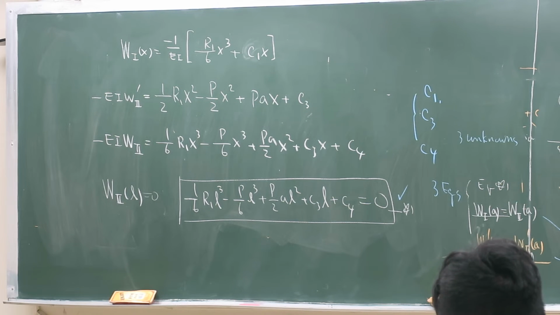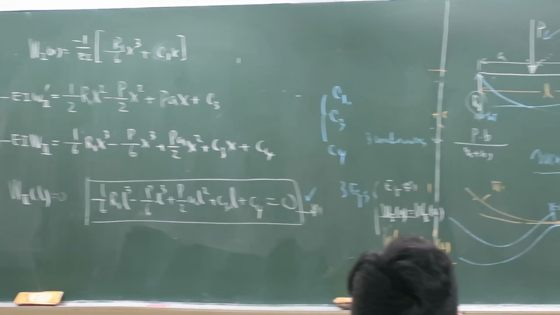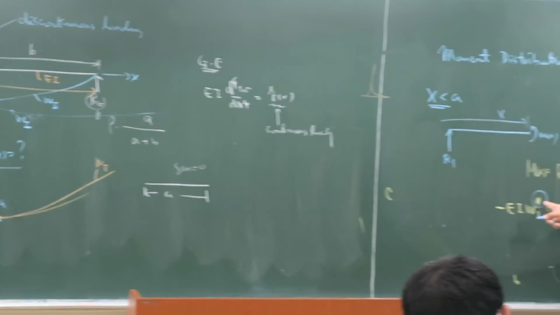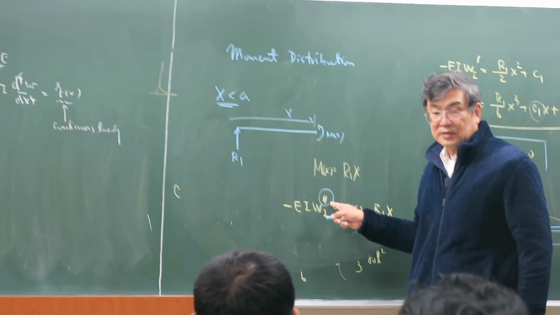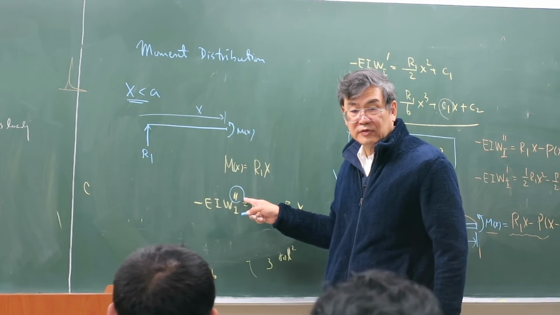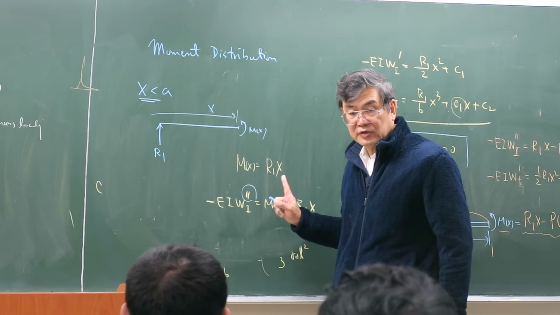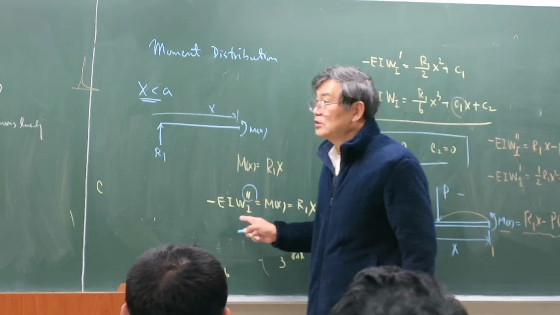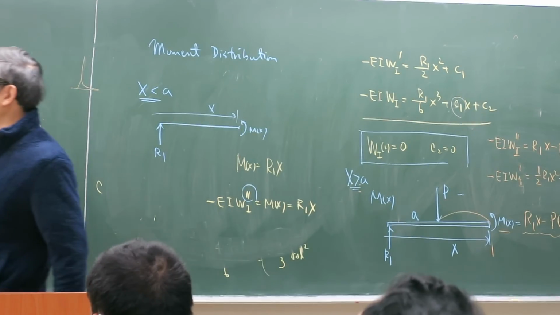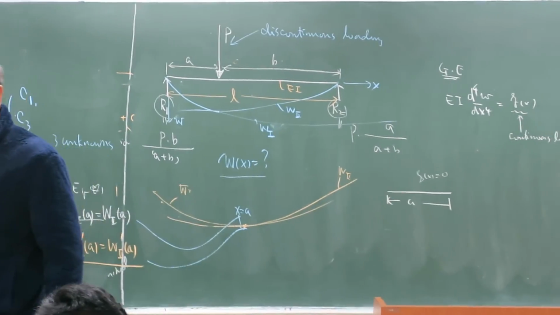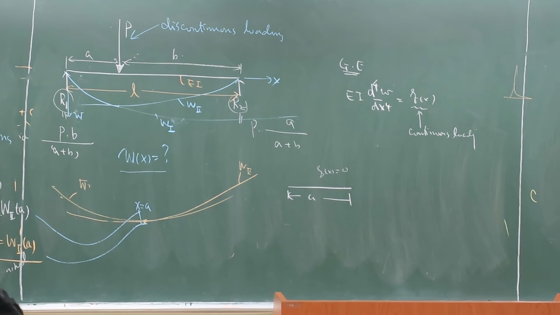So we have 4 integration constants. Here, my governing equation's highest order is the second derivative. So my boundary condition can only use up to the first derivative. I cannot use the moment here being 0, because the moment is related to the second order derivative.